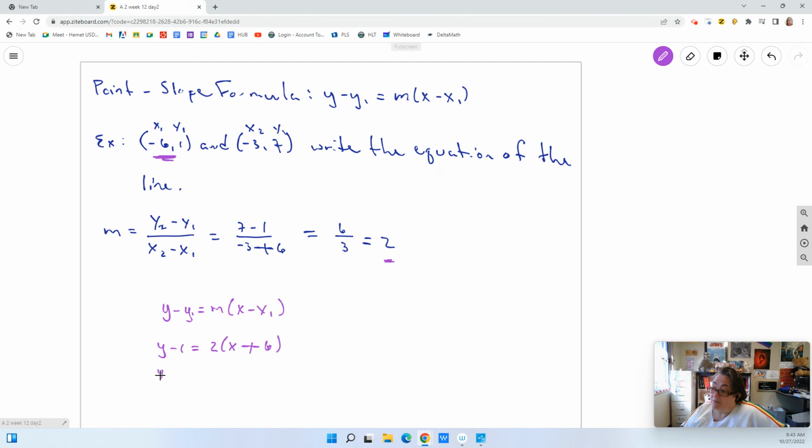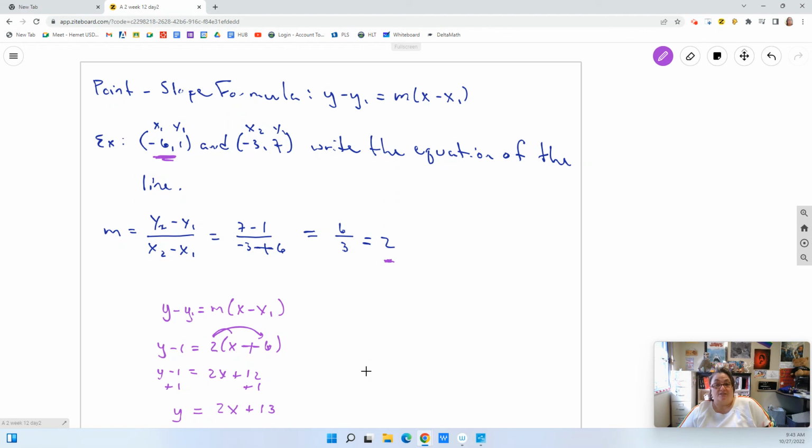So for right now, we'll leave the y minus 1 alone. And we'll go 2 times x is 2x. 2 times 6 is 12. And the only thing I have left to do is to move this minus 1 over by adding 1 to both sides. And I get y equals 2x plus 13.